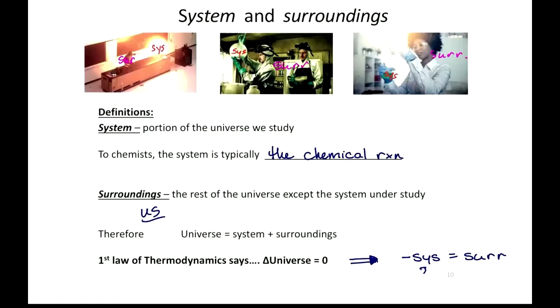There's no change in energy within the universe. So we will constantly be utilizing this idea that whatever's lost by the system is gained by the surroundings. But we need to be very cognizant of how we define system and surroundings in order for this to work.